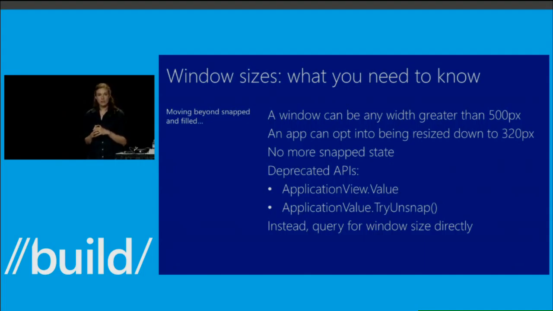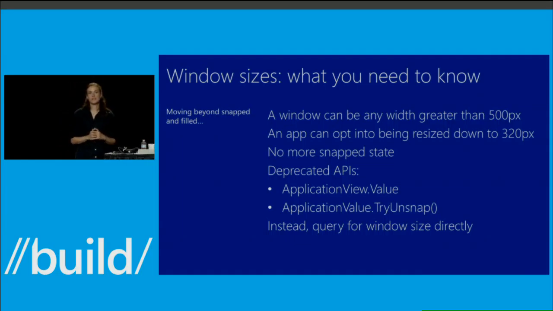You can continue to call these. Your code that was under your snapped state most likely just won't run anymore, and everything will be just fine. Chances are good that your application will run as a horizontally scrolling application in the 500 pixels and above, where it used to work in your filled mode, in your full mode.